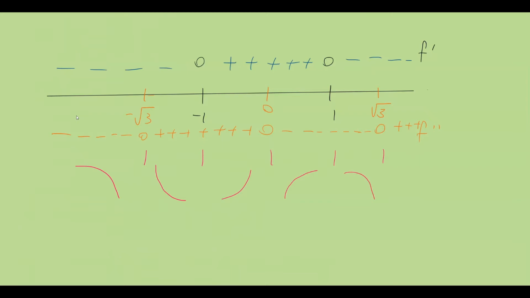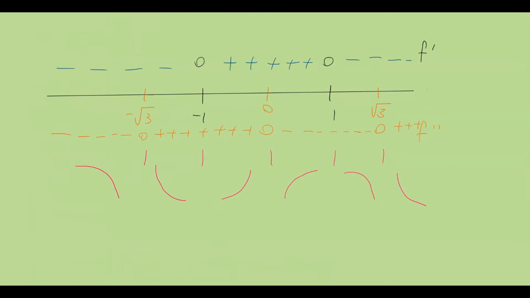Okay. And to the right of square root of 3, it's decreasing and concave up. So it'll look like that. Okay. So we have these 6 intervals with different f prime and different f double prime, and that gives us the basic information of what we have.